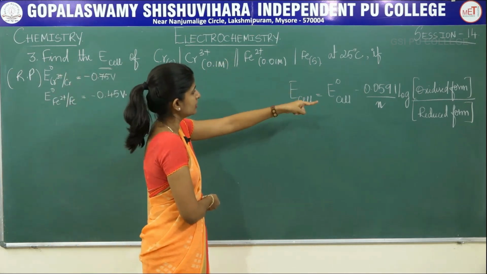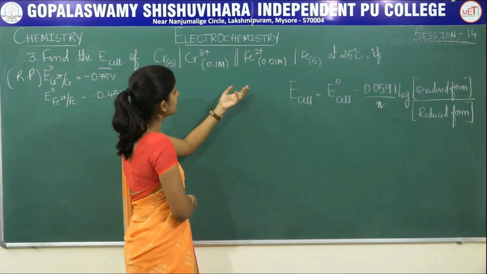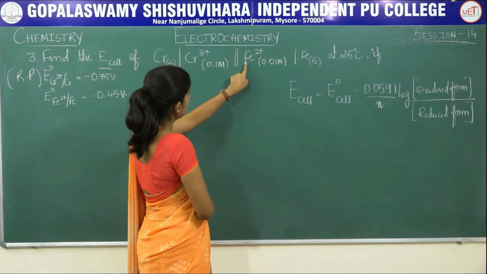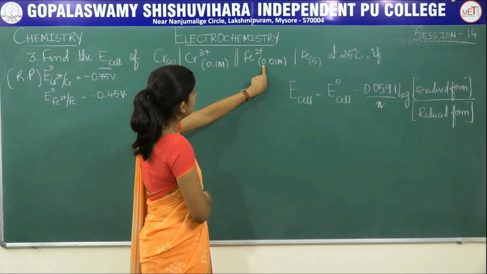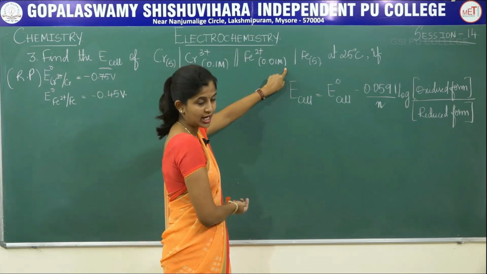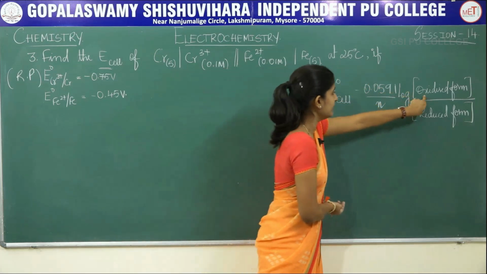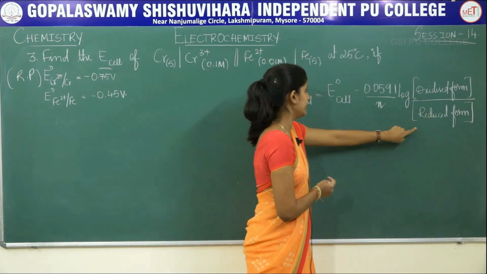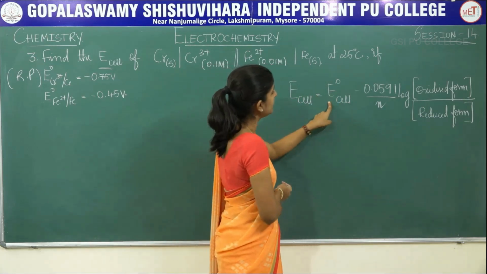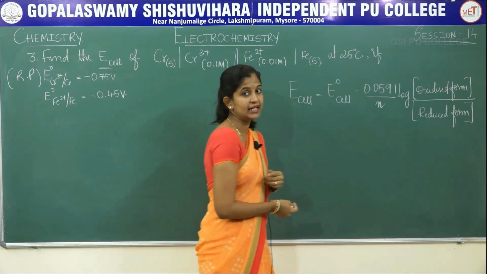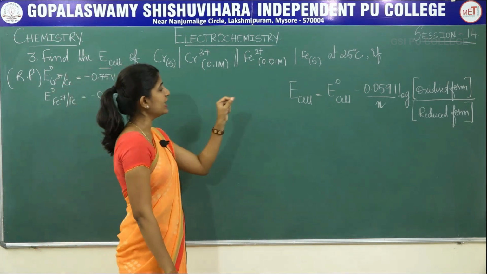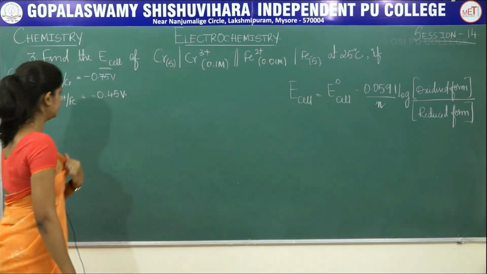The reduced form is the species undergoing reduction, iron, so its concentration is 0.01 molar. So these two concentrations are given, but E naught cell and N you have to calculate, followed by substituting into the formula. First let us take how to calculate E naught cell.